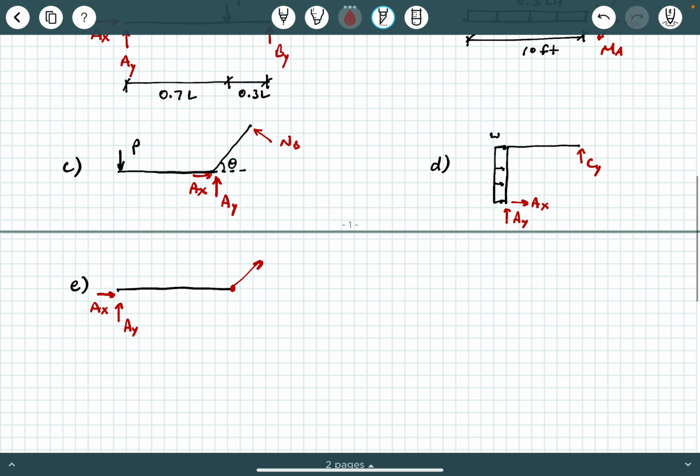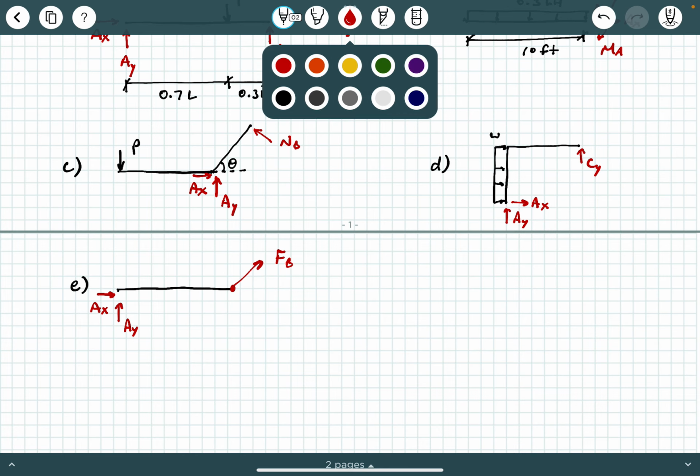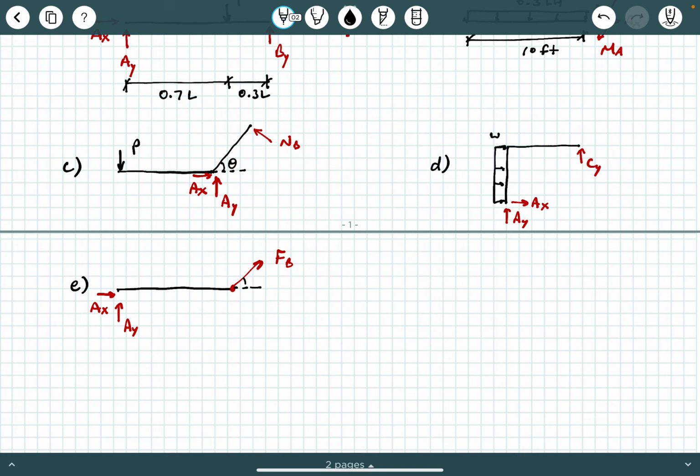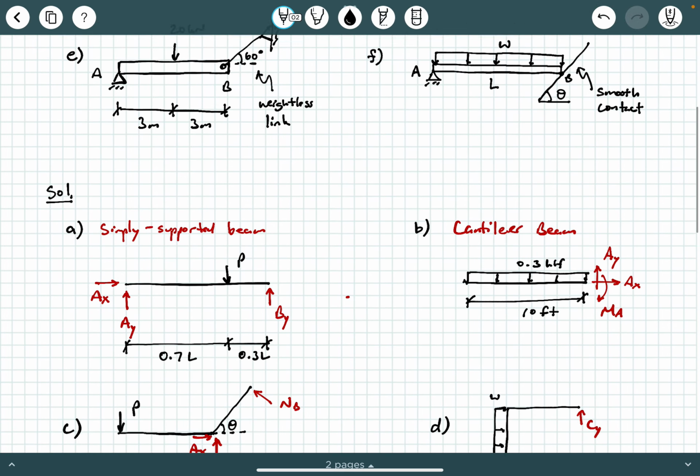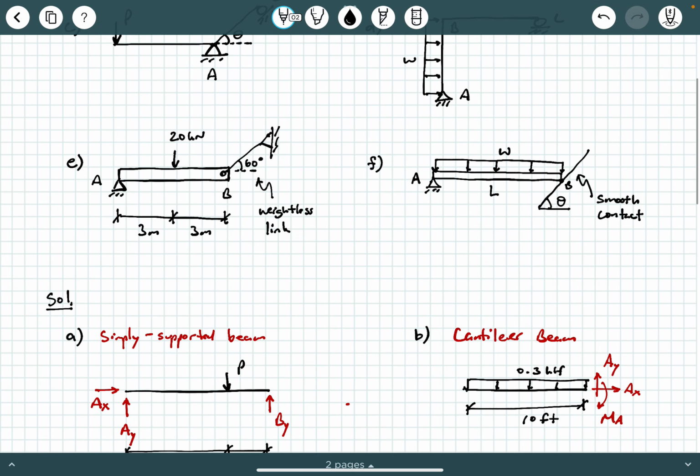So I'm going to call this maybe F sub B, and I need to include that 60-degree angle there, and I had that point load here. I believe that was 20 kilonewtons. And then I was given some dimension lines here of 3 meters and 3 meters. And that concludes part E.